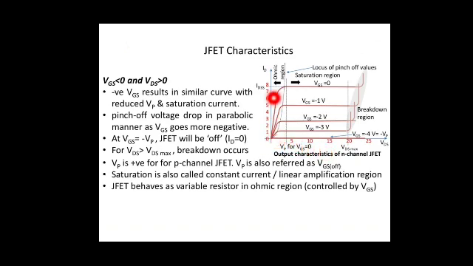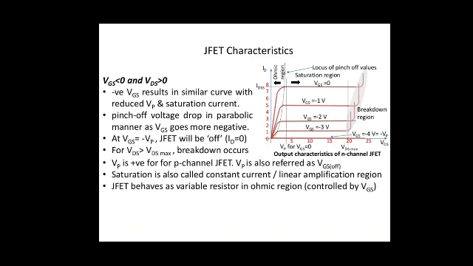Okay, so here for example, you are trying to compare ID versus VDS for different values of VGS. For different values of gate voltage, you are trying to see how ID will vary with VDS.